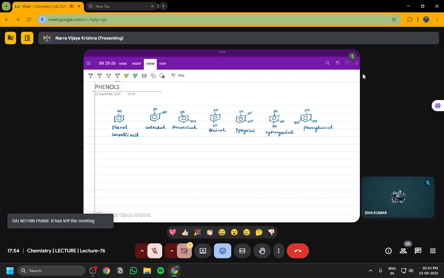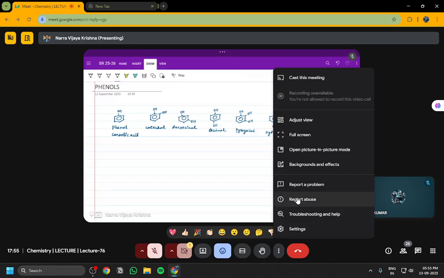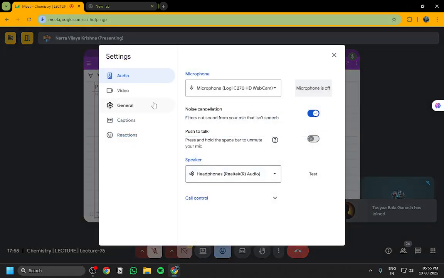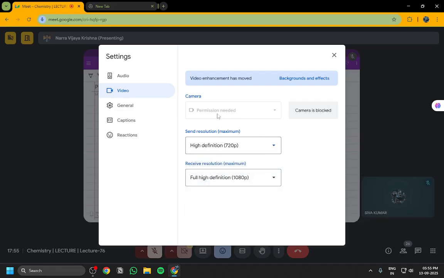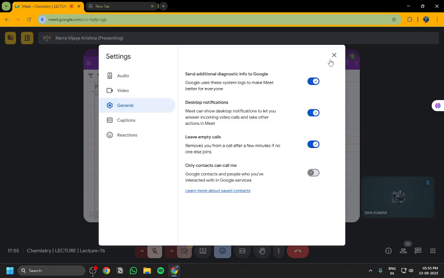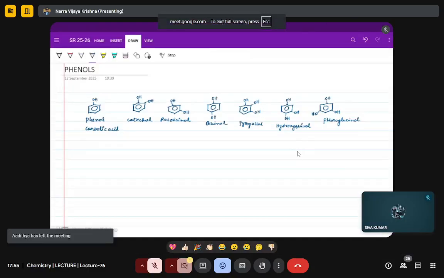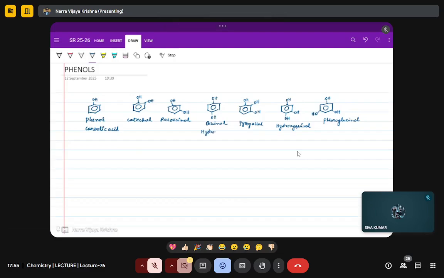Right? Or see corresponding spellings also, man. Phloroglucinol is okay. Hydroxyquinol is okay. Pyrogallol. Okay. Quinol is also called hydroquinone. This is also called hydroquinone. Then resorcinol, catechol. Okay, carbinol, phenol.